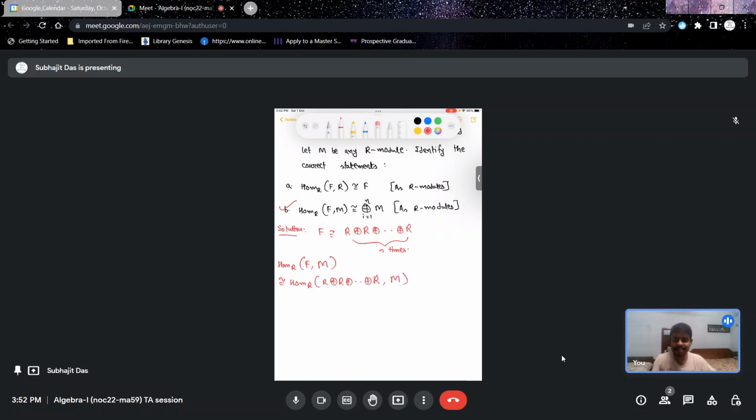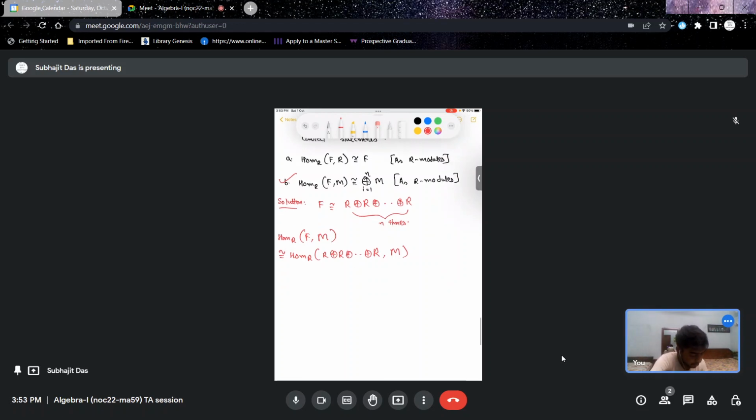This is precisely the set of all arrows in the category of R modules from this n-fold direct sum of copies of R to M, the set of all morphisms from R ⊕ ... ⊕ R to M.